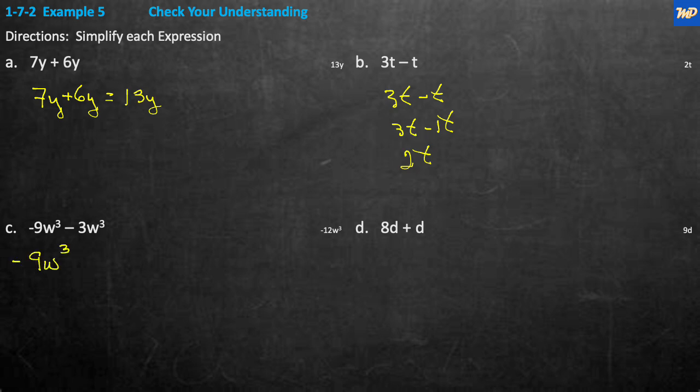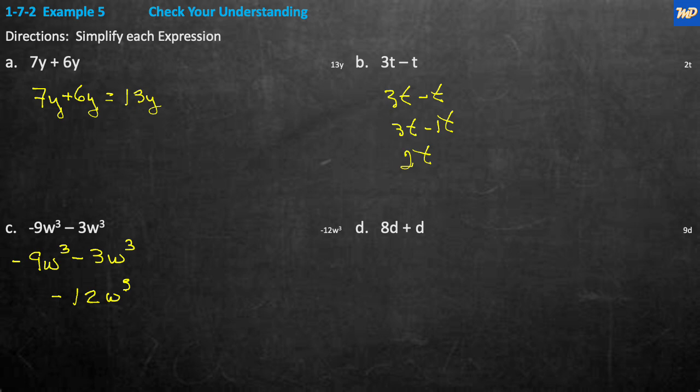Problem C, negative 9w cubed minus 3w cubed. Right off the bat, these are like terms, we can add them and then take the negative sign. 9 and 3 is 12, so we're going to get 12w cubed, and it's negative because the signs here are negative, so it's negative 12w cubed.